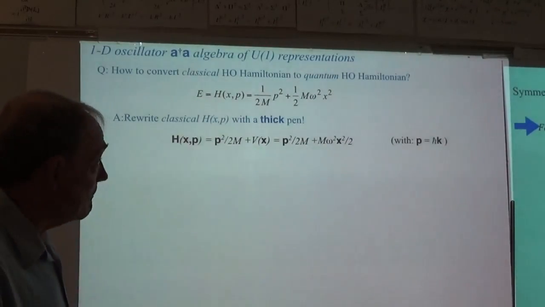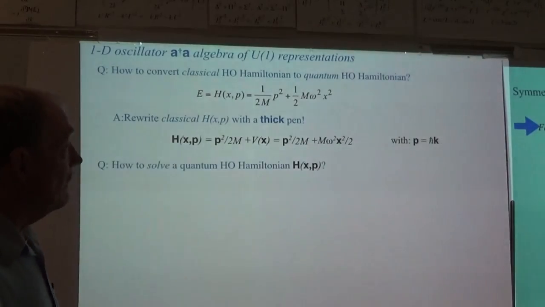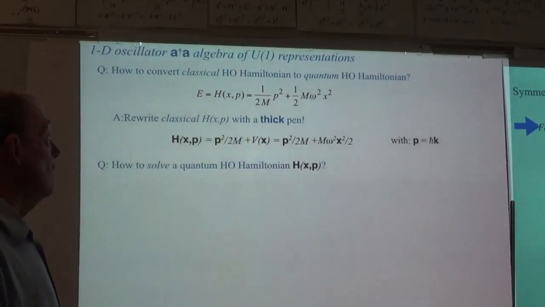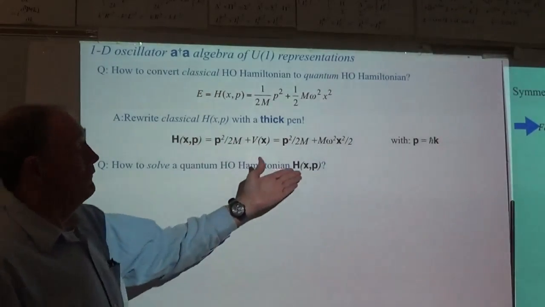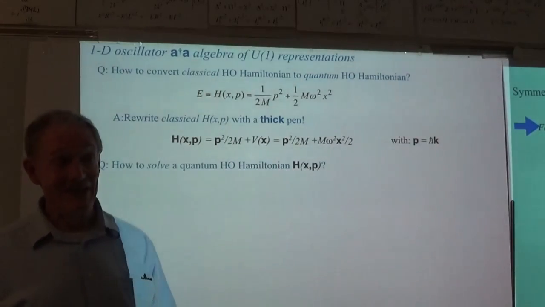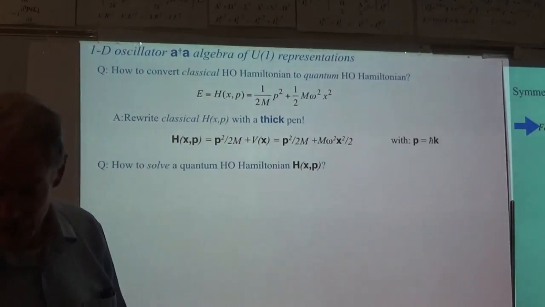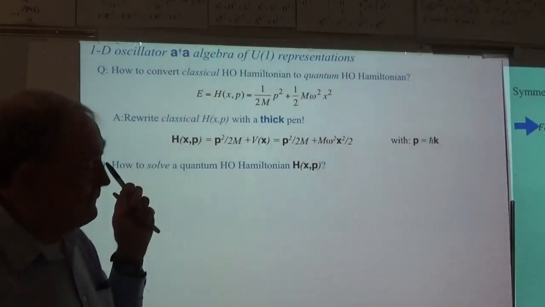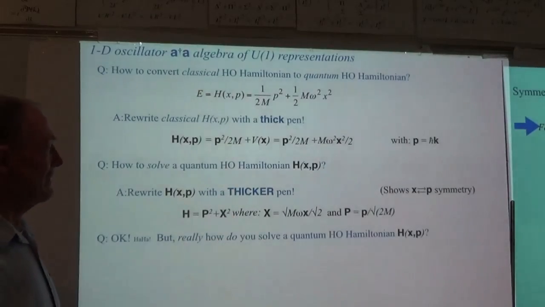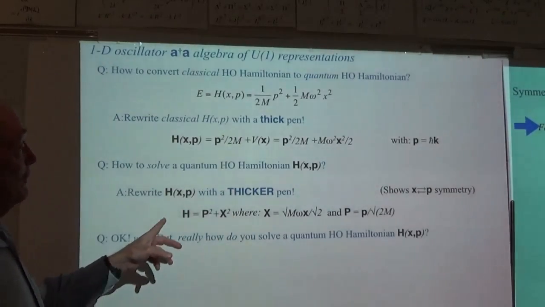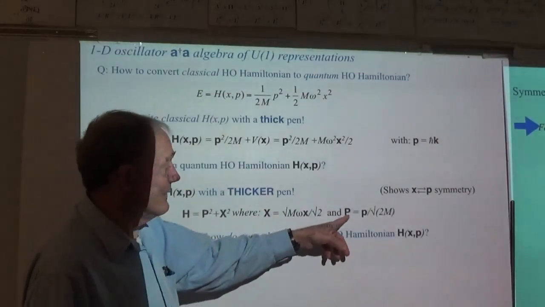But what really bothers a lot of people is, well, okay, so I've got a thick pen. How do I solve this Hamiltonian? Well, what you do is you buy a thicker pen. And what you're going to do is factor this thing.